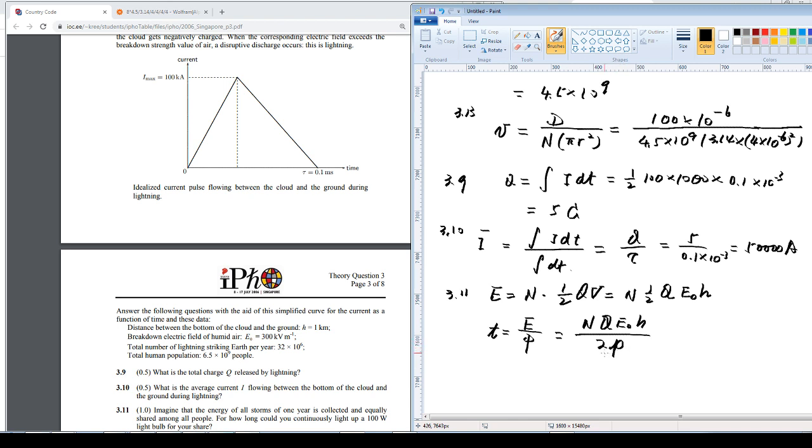Oh, it's asking for everyone, so you also need to divide by the number of persons.